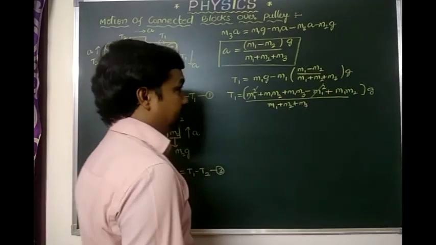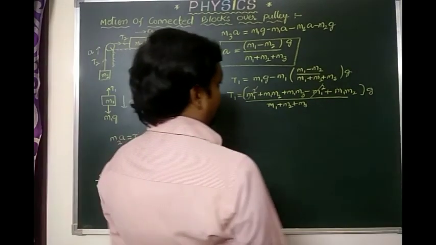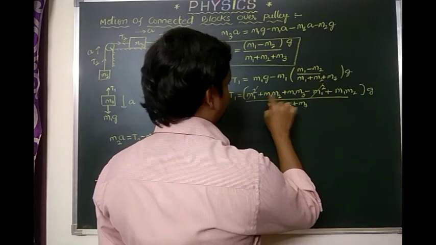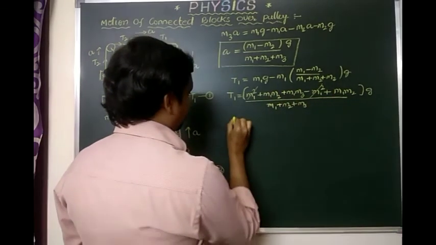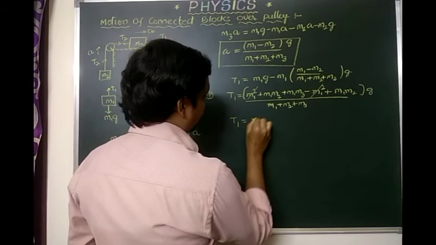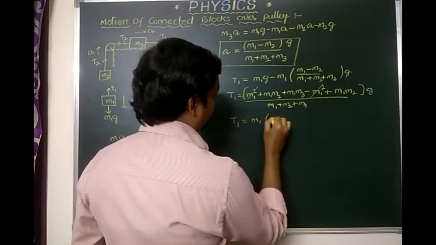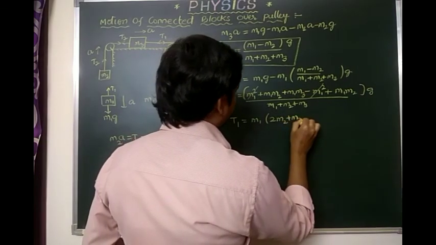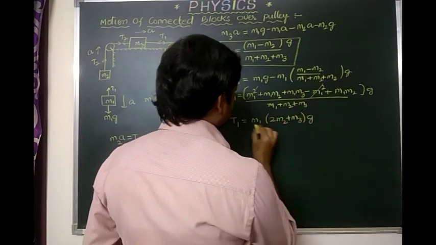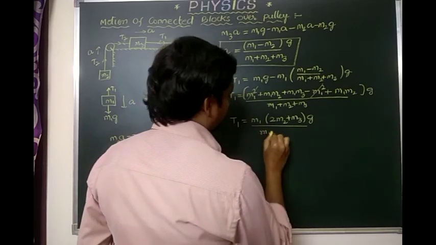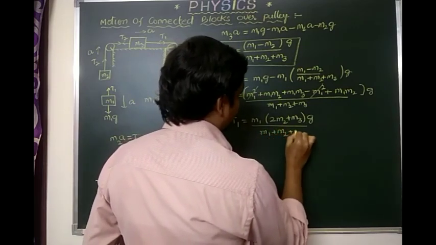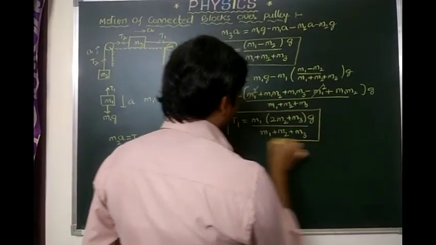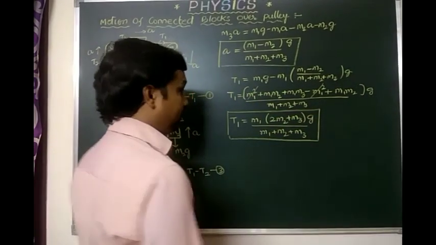M1 square gets cancelled, and in all the terms M1 is common. So tension T1 equals M1 of 2M2 plus M3 into G divided by M1 plus M2 plus M3. This is the formula for tension T1.